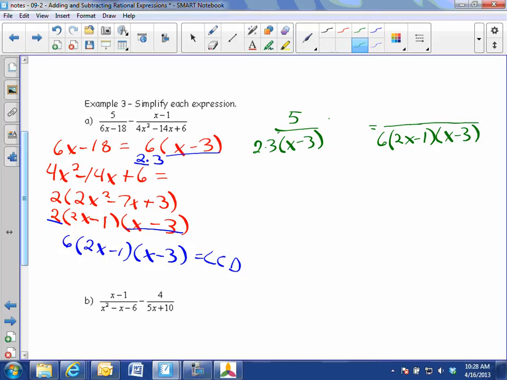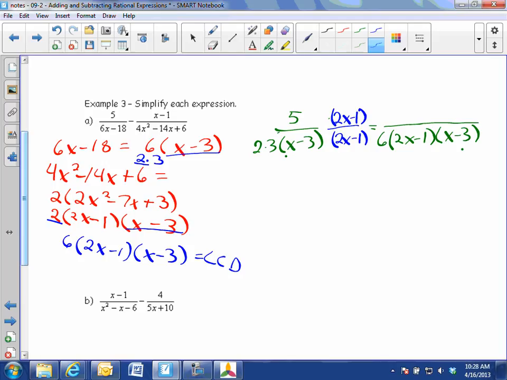And then we just look and see what's missing. What do we have to take it times? 2x minus 1. You already got x minus 3, and we've already got 6, so just take it times 2x minus 1. We're trying to figure out what to multiply by to get this denominator.